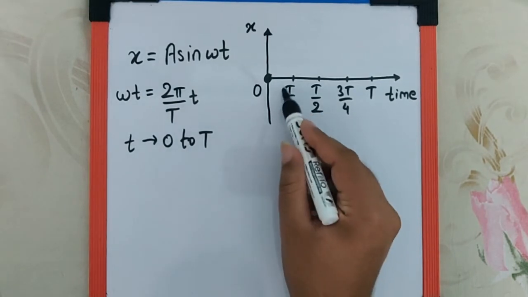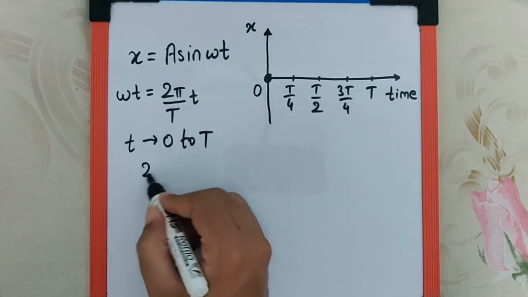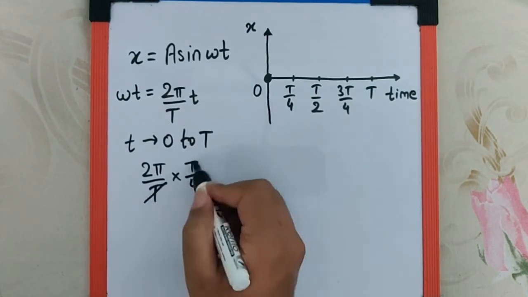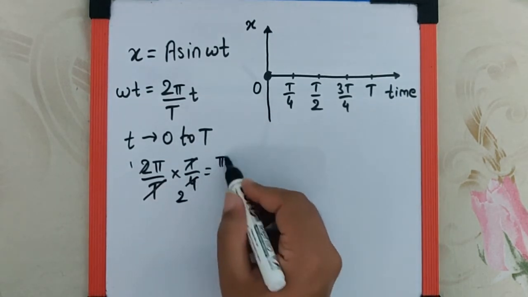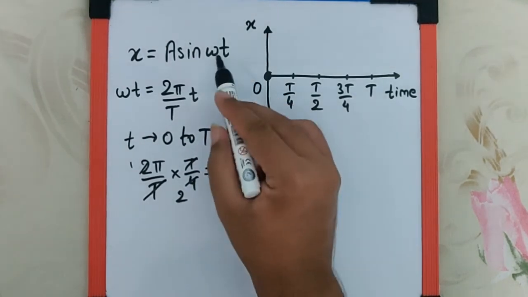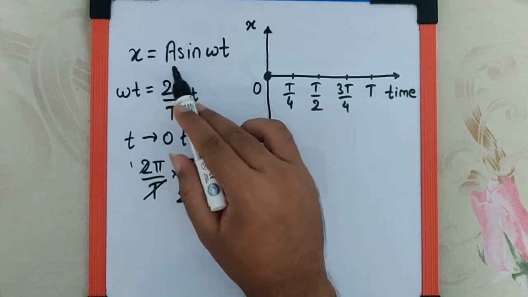Now if we put T by 4 over here, 2 pi by T into T by 4, T gets cancelled, 2 ones are 2, 2 twos are 4, gives us pi by 2. Now pi by 2 means 90 degrees. Sine 90 is 1, so x becomes plus a.